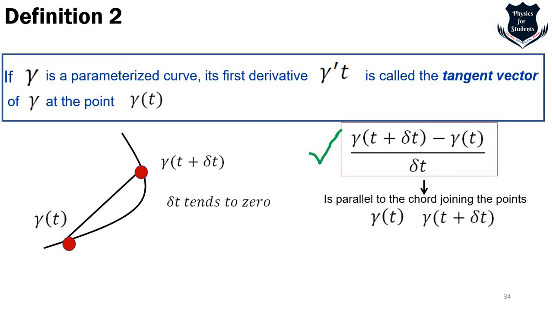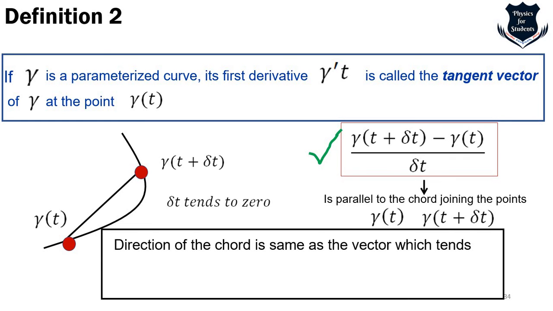So here is what I'm trying to tell you: the direction of the chord is the same as the vector which tends to d gamma by dt as del t tends to 0. Of course, this only determines a well-defined direction tangent to the curve if d gamma by dt is non-zero, and if that condition holds, we define the tangent line to C at a point P of C to be the straight line, which obviously I have not shown.